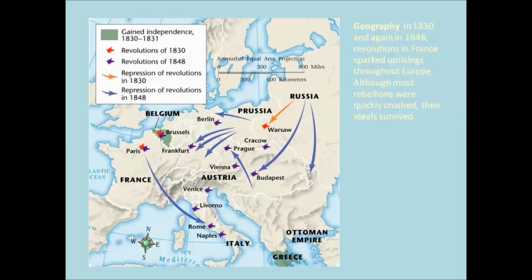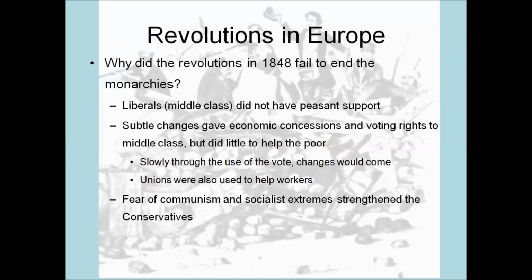It started in the 1820s, but they're going to get their independence in the 1830s. They were all rebelling against the Muslims in the Ottoman Empire, so of course the rest of Europe was supportive of that. And then the blue lines are where the revolutions were repressed from. So essentially all of Europe came together to put these revolutions down.